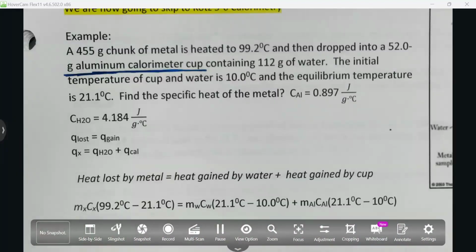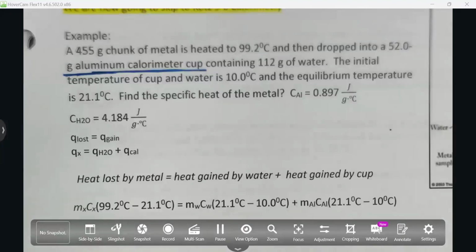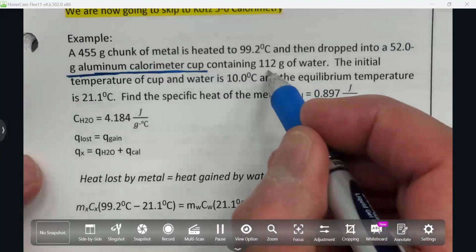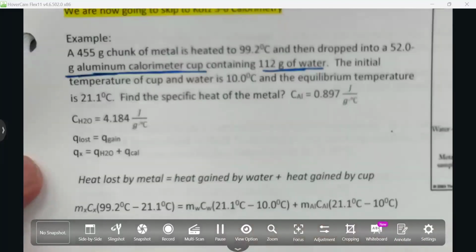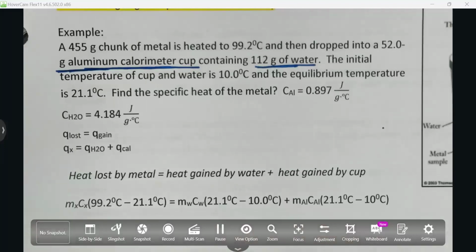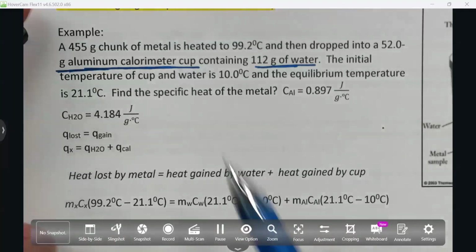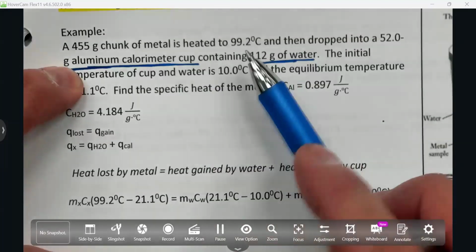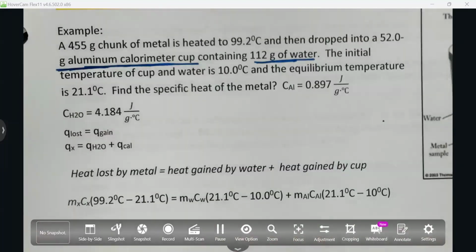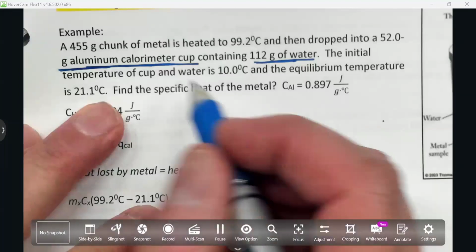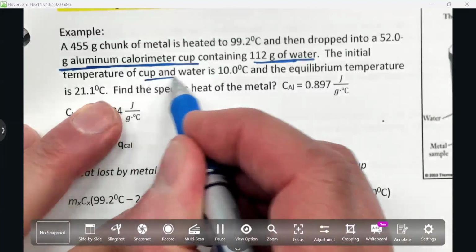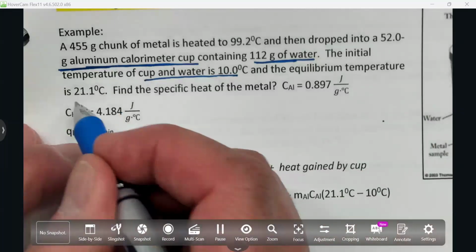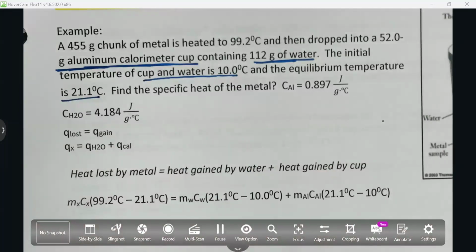The aluminum cup itself is going to absorb heat. That contains water. So similar to our hot dog heating scenario, this chunk of metal is going to heat up the aluminum cup and the water both. The initial temperature of the cup and water is 10. The equilibrium temperature is 21. It says find the specific heat of the metal.